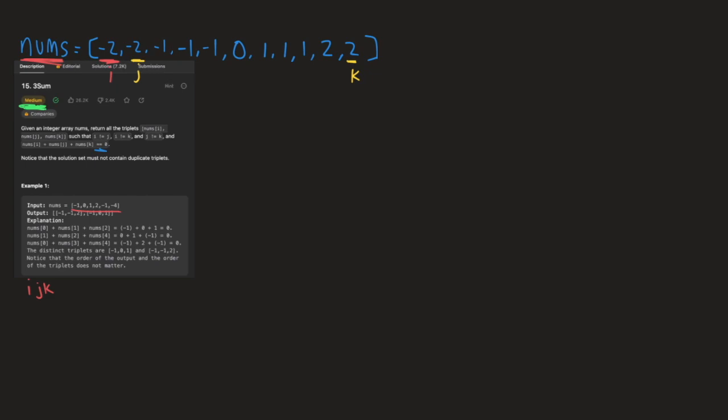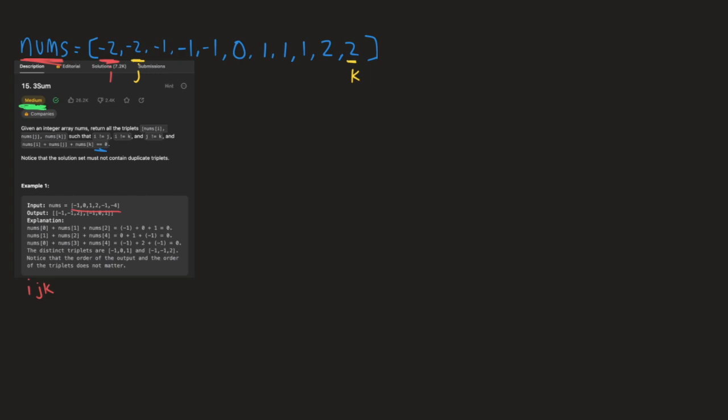So we'll look at these values, right? We would tell our program, okay, start here where i is the first element, j is i plus 1, and k is the last element in the array. And now add them up. So we have -2, that equals -4, plus 2 equals -2.